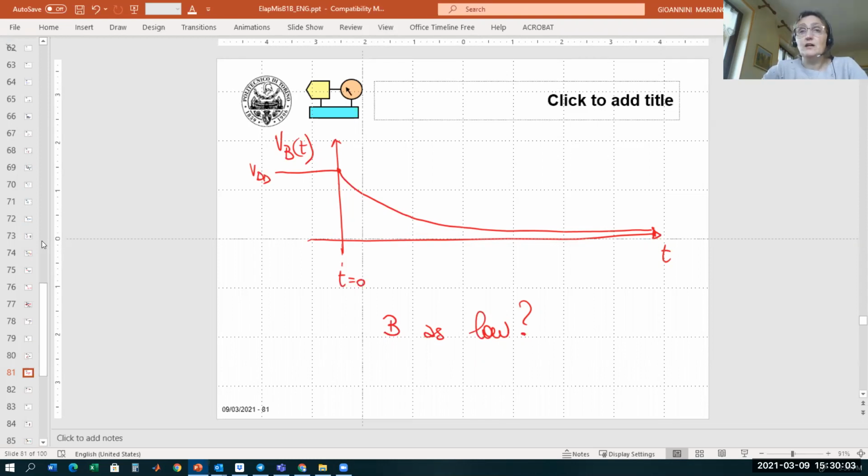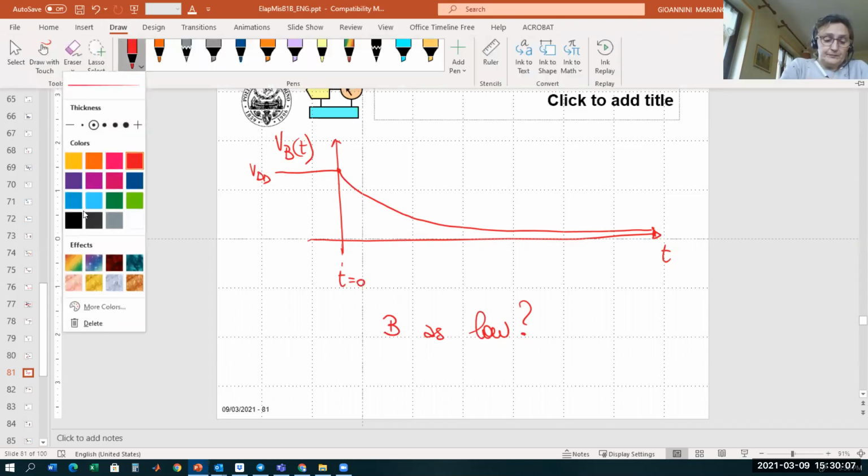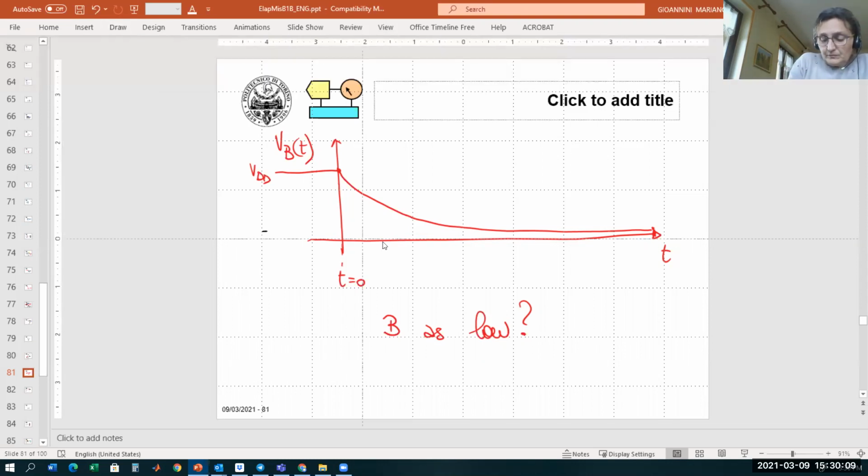Yes, VIL. So in this case, when the voltage in B gets smaller than VIL, for example here, B says, okay, thank you, I understand that the input now is a low voltage level.